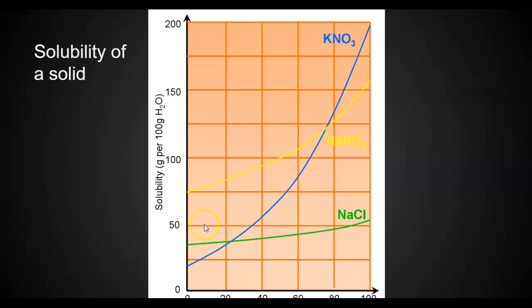This graph here shows the solubility of some very common solids. So you've got salt, this is sodium nitrate, this is potassium nitrate. As the temperature slowly works its way up, the solubility goes up.